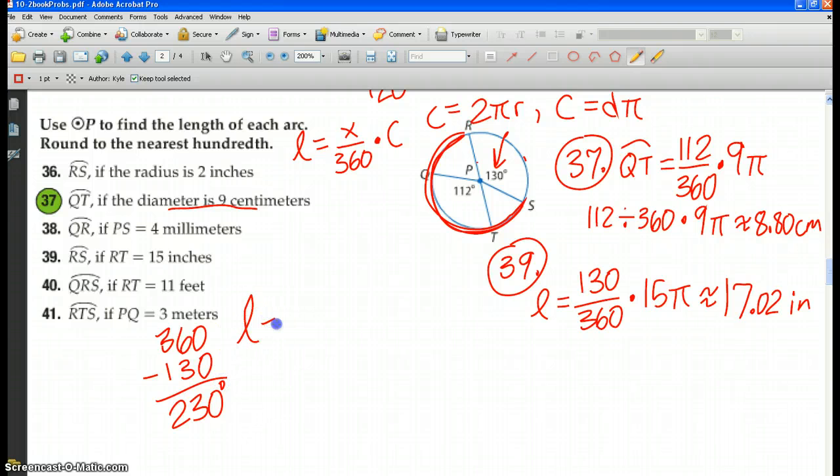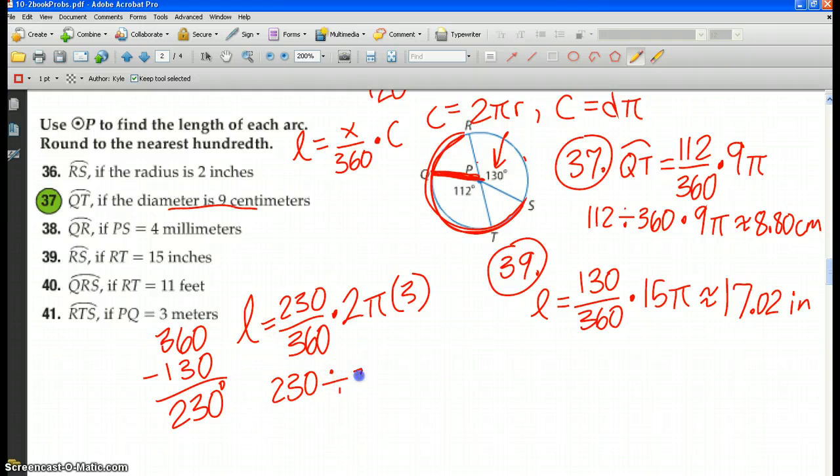So our length is going to be equal to 230 over 360 times the circumference, where PQ is equal to 3. So PQ, we can see that that is the radius, so we want to take 2 times pi times radius for circumference, 2 pi r. So here, 230 divided by 360 times 2 pi times 3, and that rounds to approximately 12.04 meters.